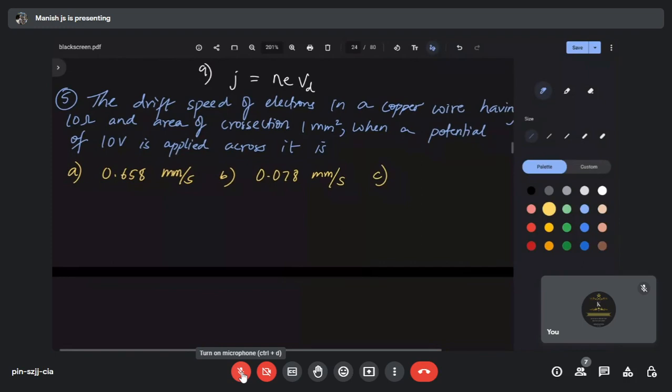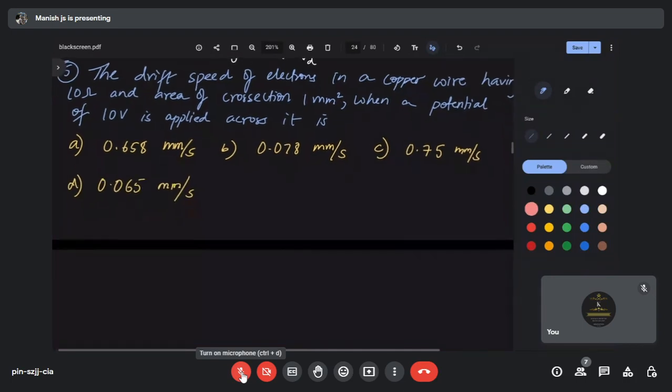Option C, 0.75 millimeters per second. And option D, 0.065 millimeters per second. These are the options.